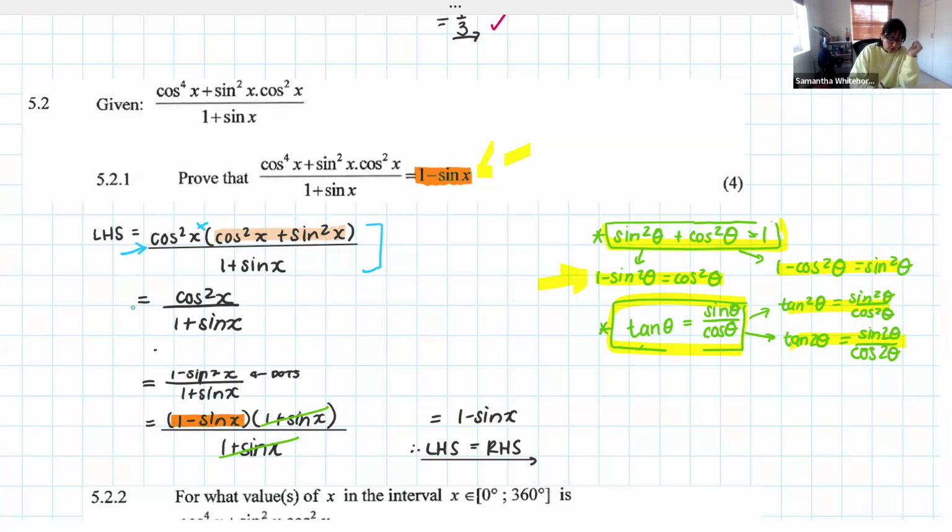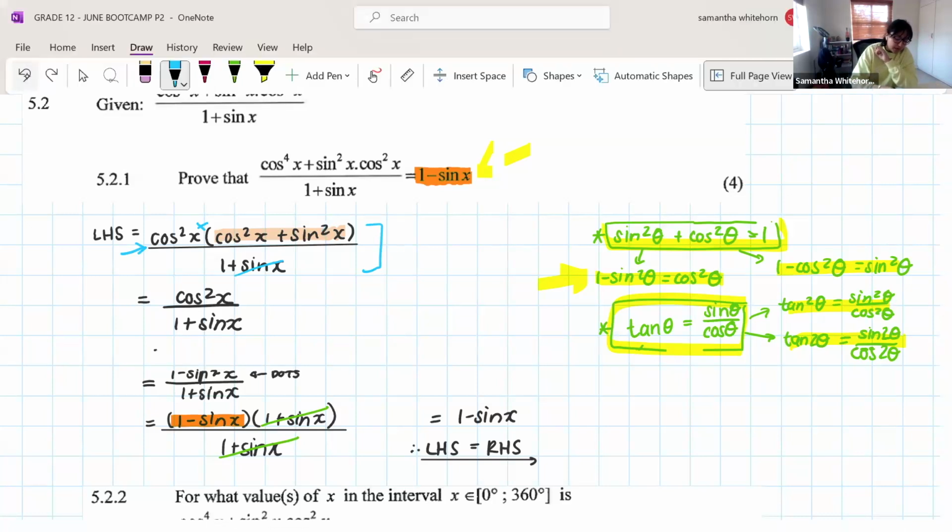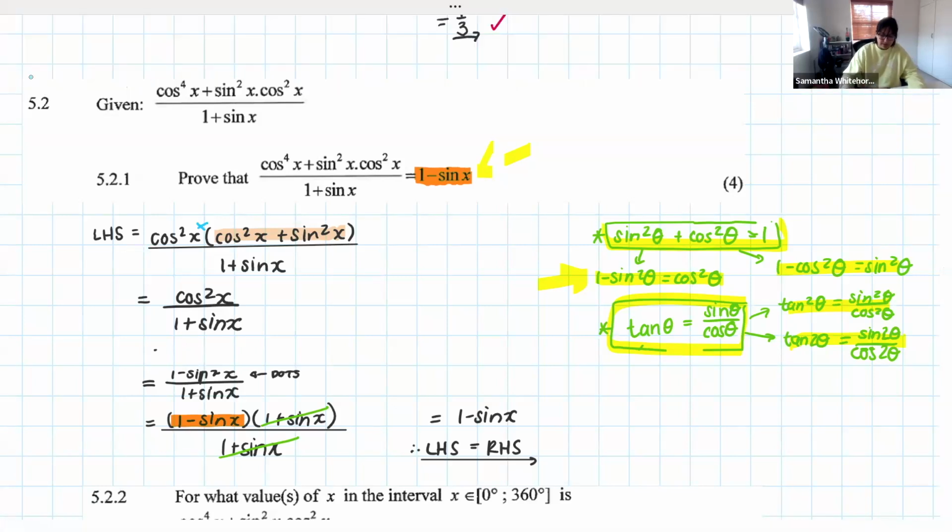So you can't say, okay, cool, sine x divided by one of those sine x's. No. You never, ever, ever divide or cancel out between terms, but you can divide or cancel out between factors. So once everything is multiplied or divided. I hope that makes sense. If it doesn't, just let me know.